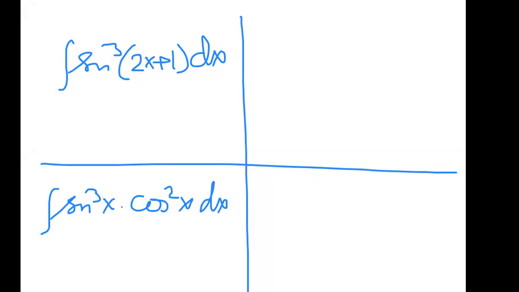Then you have to try sec 4x dx. Then one more. This question which I am giving you right now is from exemplar.